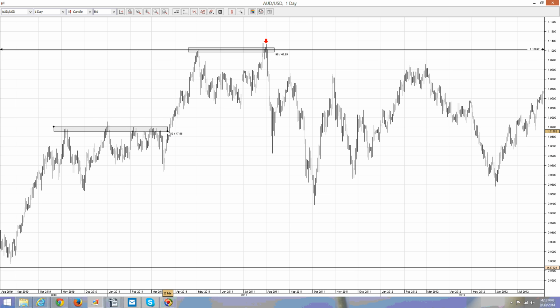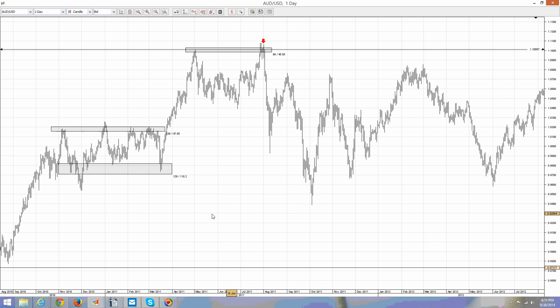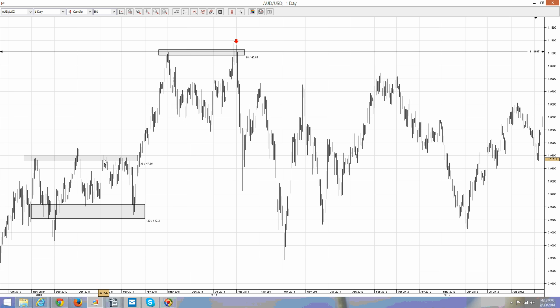So every time the 1.02 level was tested before the break higher, and then every time the downside here was what? 0.97, 0.98. So the 0.97, 0.98 and 1.02 levels should provide exactly the same resistance or support.